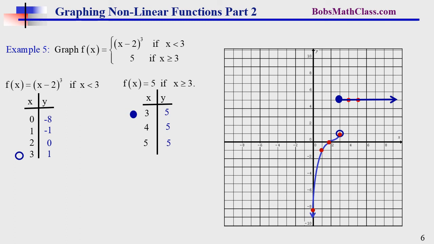Okay, so the examples that we did, there were only two parts to it. These can get more complicated. There could be 3 or 4 parts to a piecewise function. And some of them could be in the middle. So you could have an outer piece and a middle piece and a piece on the right.